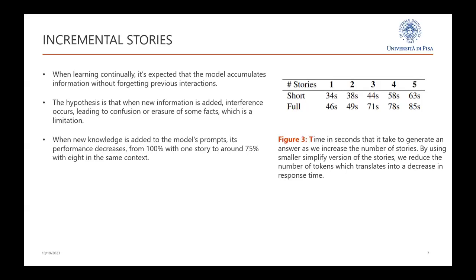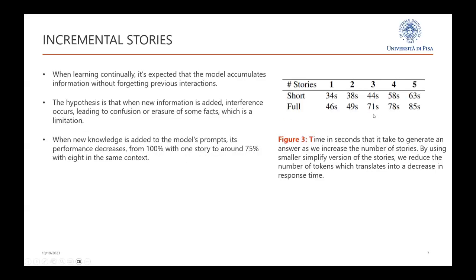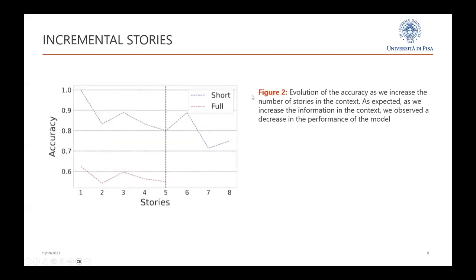Mostly, the more tokens we consume within the current session, the more the performance goes down. In this experiment, the maximum number of tokens was 2,048, and the average token consumption per story is 67 for the full stories and 19 for the short stories. We want to know how the model performs as we continuously increase the size of the context.